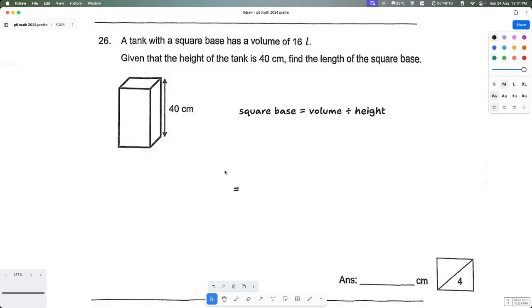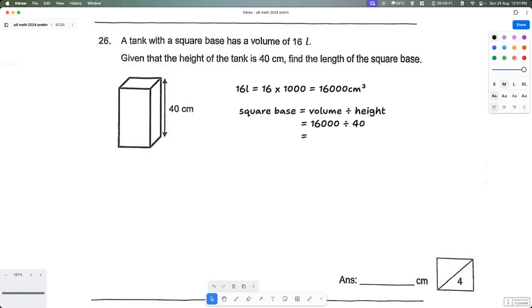So the volume is 16 liters. 16 liters is equal to 16 times 1000, equal to 16,000 centimeter cube. Okay, so then we have 16,000 divided by the height, which is 40, and this will give us 400.